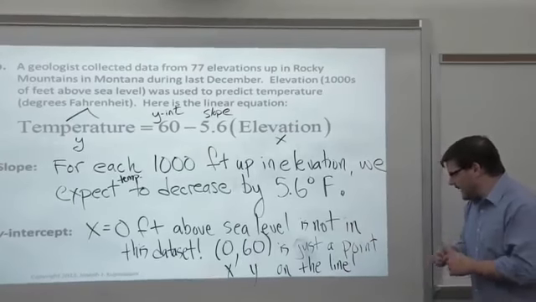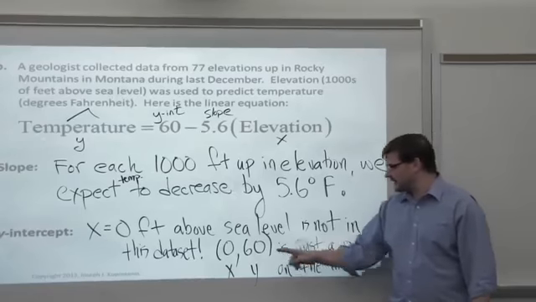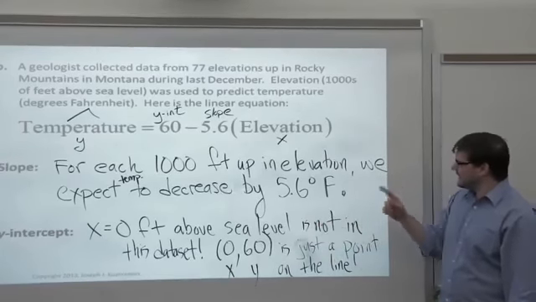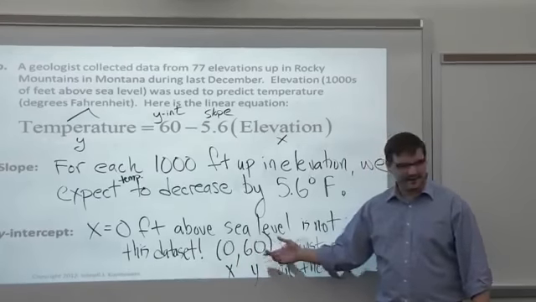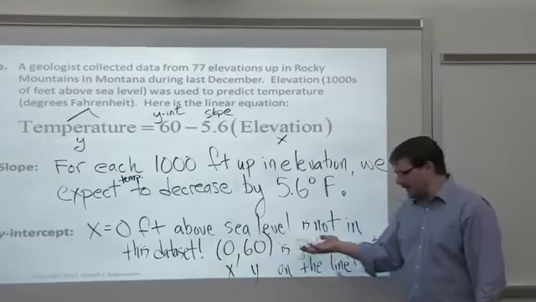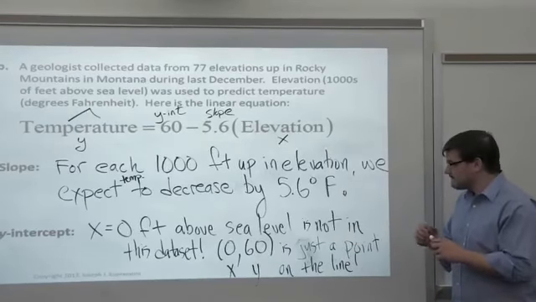That value of 0, 60 on the graph, we really shouldn't interpret it. We really shouldn't predict that up in Montana in December, if I'm at sea level, I would predict the temperature to be 60 degrees. It's probably a lot colder up in Montana than 60 degrees in December.